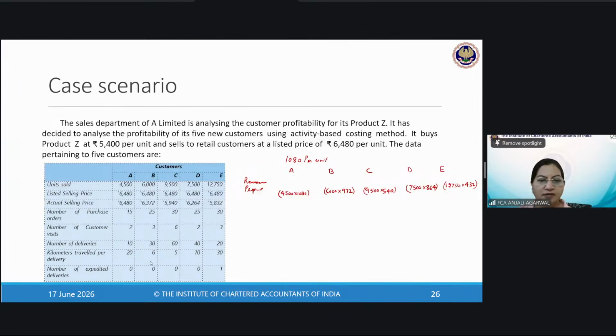When the kilometers are traveled per delivery, you have to multiply the total kilometers traveled: 20 into 10, 200, 30 into 6, 180, 60 into 5, 300, 40 into 10, 400. These are the total kilometers traveled. 20 into 30, 600.